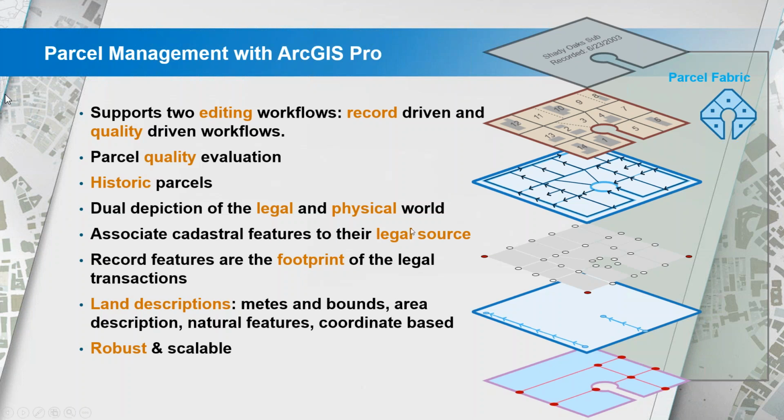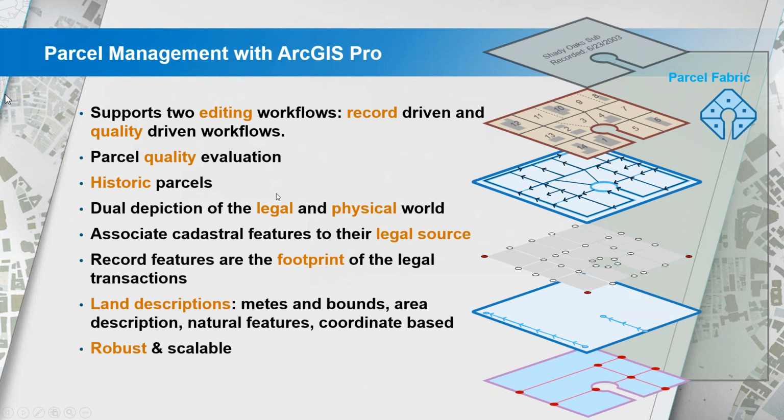Historical parcels. This is something that we've always wanted to maintain. Again, going back to the days when I maintained parcels for the county, I would take the parent parcel and copy it off to a historical coverage so that I could see what had happened in the past. The ArcMap Parcel Fabric took that a step further by automatically creating parcels historically when a particular merge or split was performed.